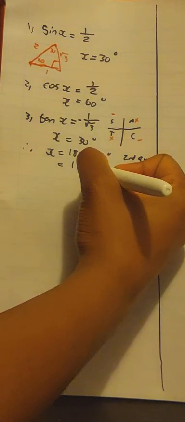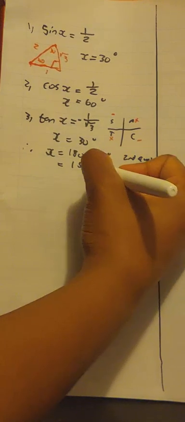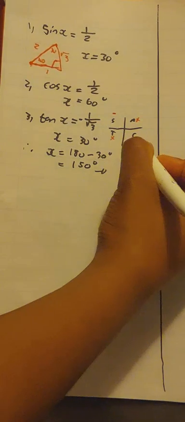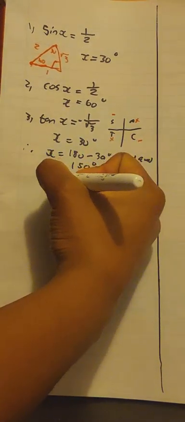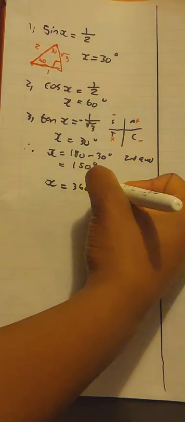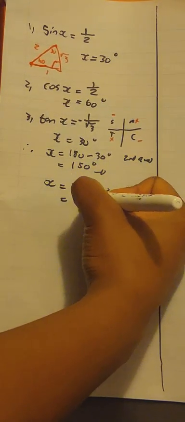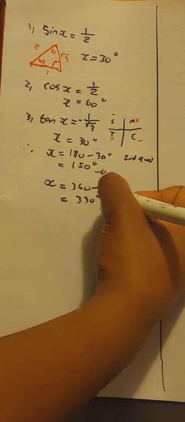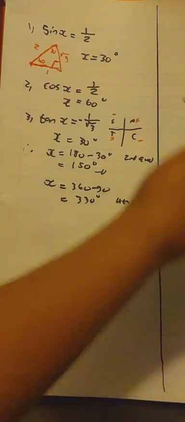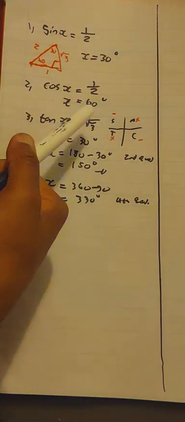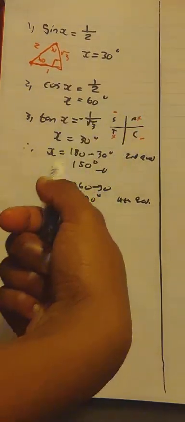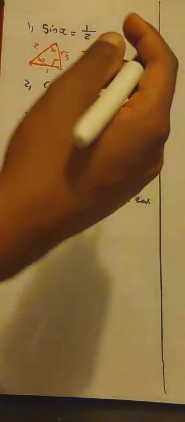On the second quad, it is negative, and where again is our tangent negative? On cast. So again, we're going to say x is equal to 360 minus 30, I believe it's going to be 330 degrees on fourth quad. So remember, the angle is never negative, but we look at our cast diagram to see where the tangent is negative, and we're going to use those values to solve.